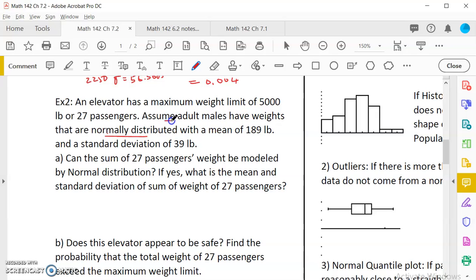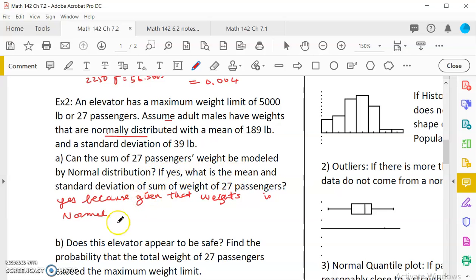They say assume that they are normally distributed. Usually weight is not normal, but here we were given that it is. Even if it's not normal, I think you can still do it because 27 is quite close to 30.